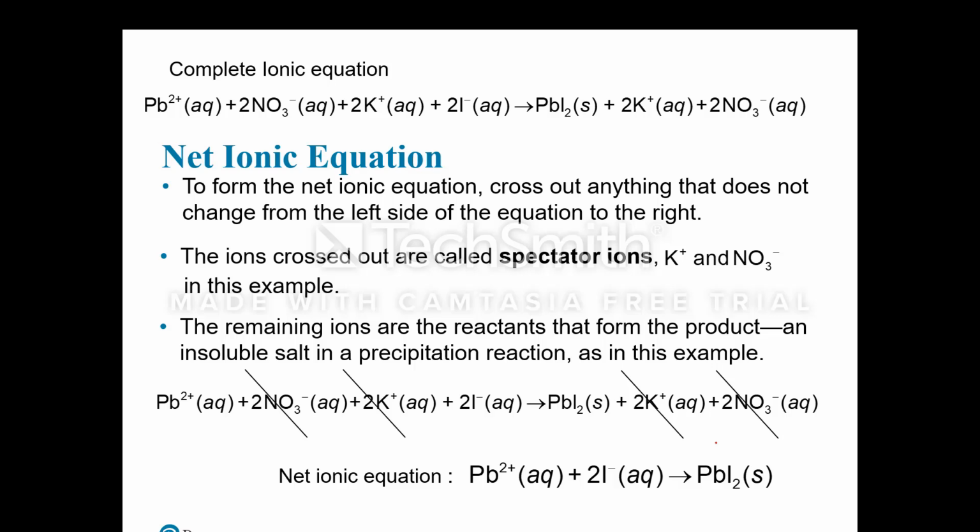It also focuses the attention on the change that is occurring in the reaction. Being able to write molecular, complete ionic, and net ionic equations is going to be something you return to often. So it's important to understand the concept and to really know your solubility rules.